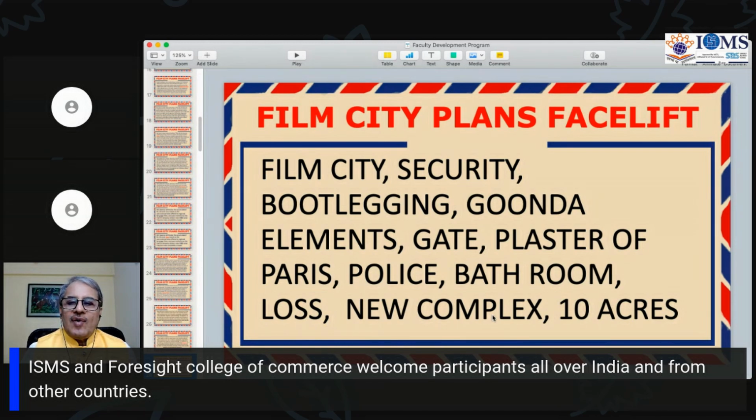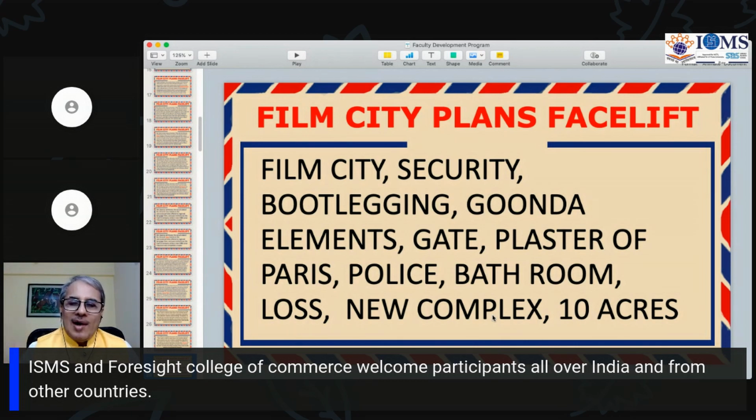The gate fell on a plaster of Paris mountain from underneath which the police escaped. They ran to the nearest bathroom, which is fully under laws, and they recovered the laws in a new complex situated in 10 acres of land. Don't open your eyes.